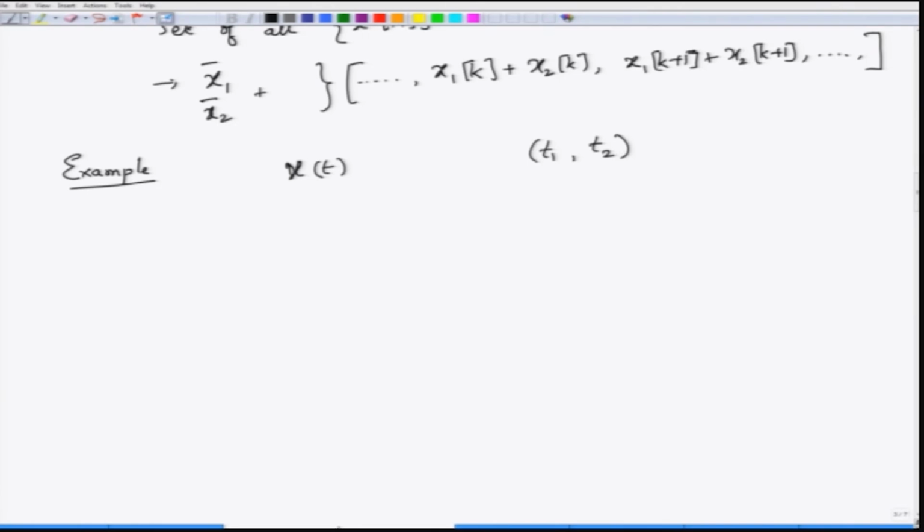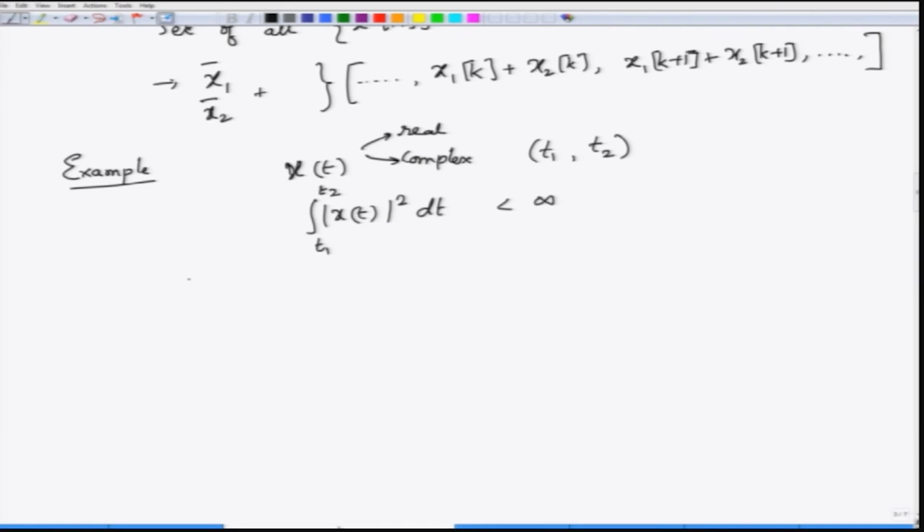My bag essentially consists of all continuous time signals x of t over the duration t1 to t2, such that they also satisfy this additional criterion that the integration from t1 to t2 of magnitude x of t squared should be finite, okay. I am using magnitude because these signals can be either real valued or complex valued, okay.